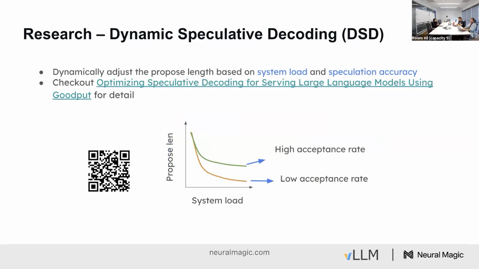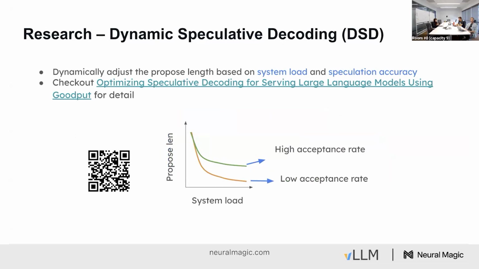So yeah, I encourage you to check out our paper for details. But on the high level, you can just look at the graph. When the system load is high, we will propose fewer tokens, we will speculate fewer tokens. And also when the draft model is accurate, if it has high accuracy, a high acceptance rate, the degree to which you reduce the proposed length is smaller.